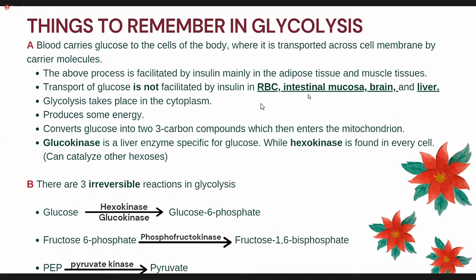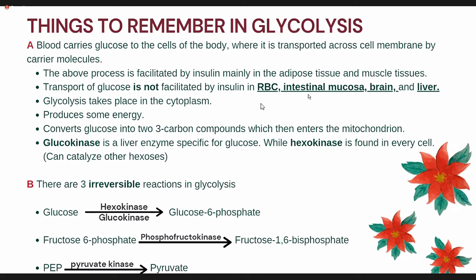Then glucose 6-phosphate is isomerized by an isomerase to become fructose 6-phosphate. Then another phosphorylation occurs, the addition of another phosphate to fructose 6-phosphate. This is catalyzed by phosphofructokinase and produces fructose 1,6 biphosphate.